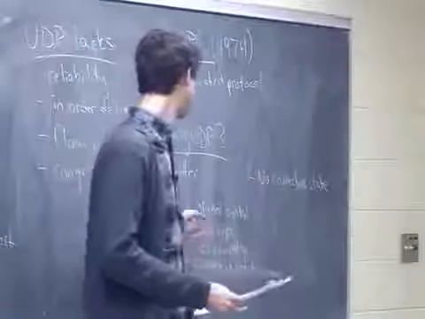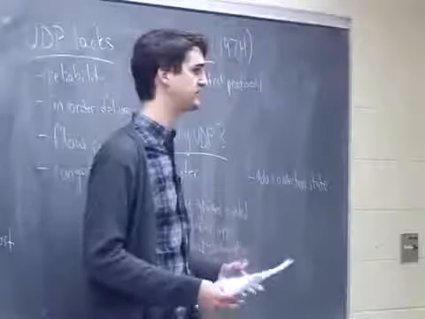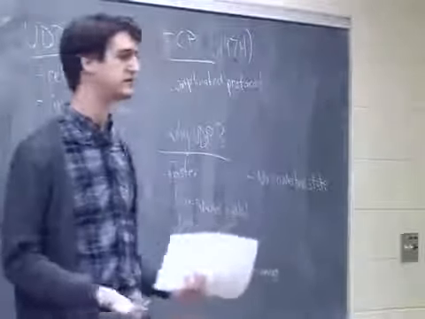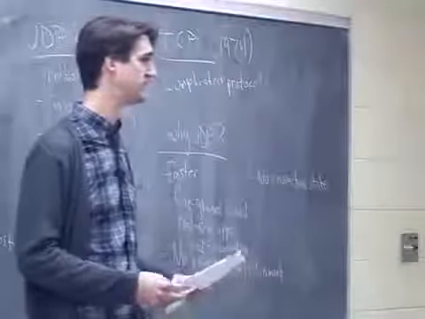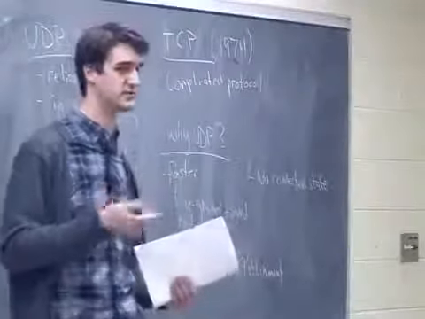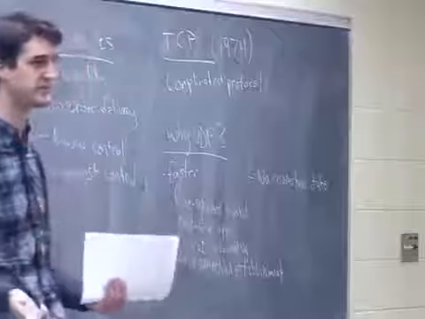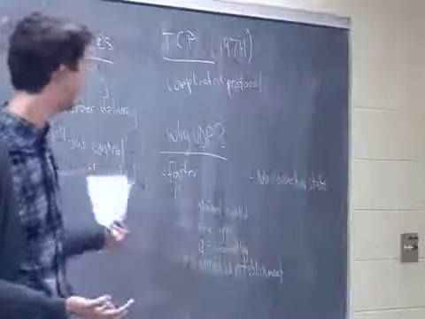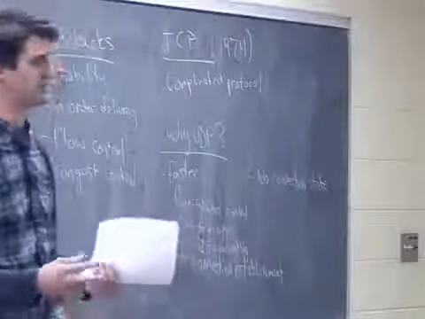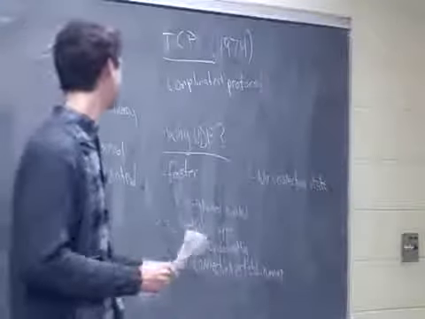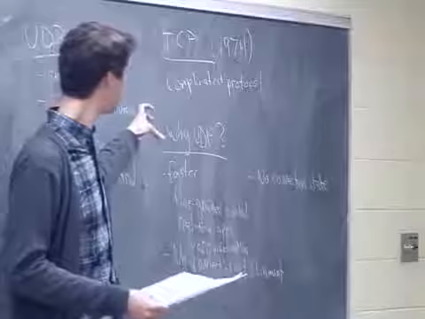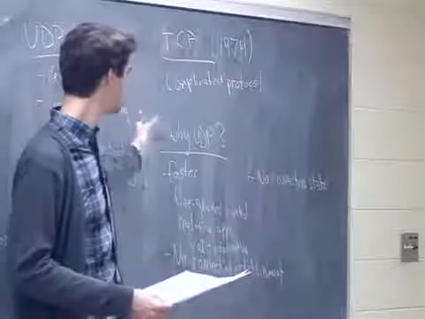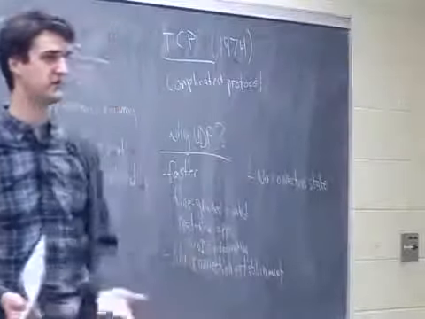Yeah, so the question is, for voice over IP, don't most packets need to be in order? Yes, most do need to be in order, and most will actually arrive in order. For instance, in your homework assignment, you were pinging websites, and pings actually use ICMP on top of UDP, and most of those pings got through.